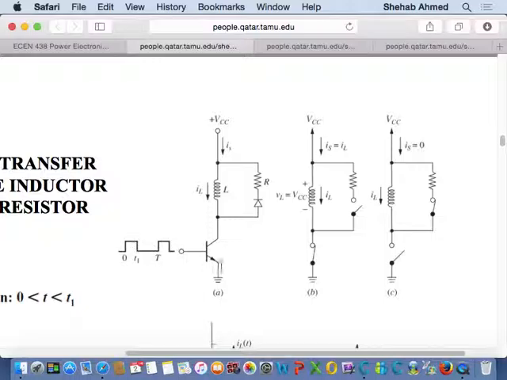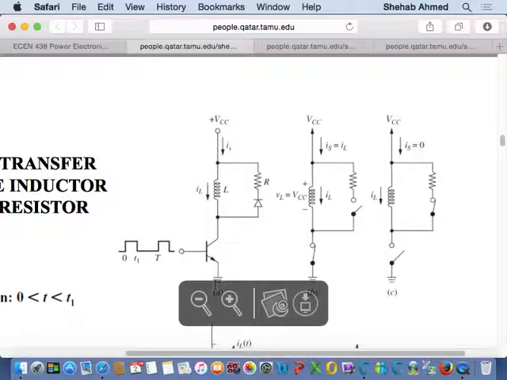If the pulse is high, the device will be on. When the device is on, what's going on? Current will go from my supply, my VCC, through my inductor, to the device, to the ground, and I've closed my loop, right?